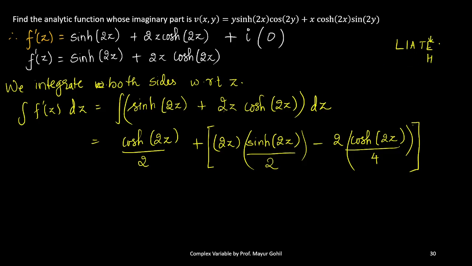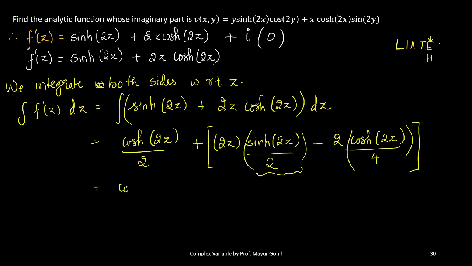Okay, so you have 2z as the algebraic function, so 2z is kept out, and then you integrate cos h 2z, you get sin h 2z over 2. Then take the derivative of 2z, you get 2, and then you again integrate this full term back. Okay, so you will get cos h 2z over 4. That is the answer. Now let us simplify this.